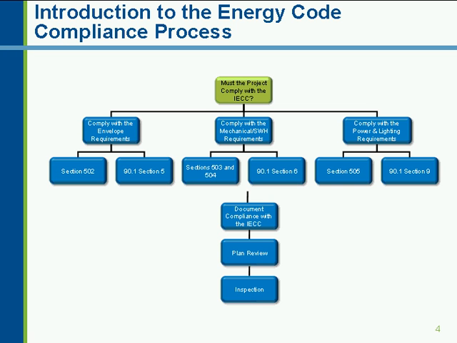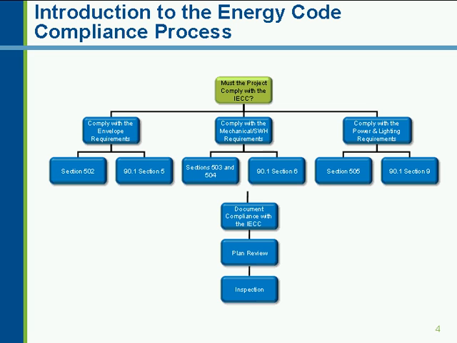In the same way, if you comply with ASHRAE 90.1-2007 for the envelope, then you must also comply with ASHRAE 90.1-2007 for the mechanical and lighting requirements. So whatever you pick for one, you must comply with that standard of the IECC for everything. Again, this was a major change between the 2006 and 2009.